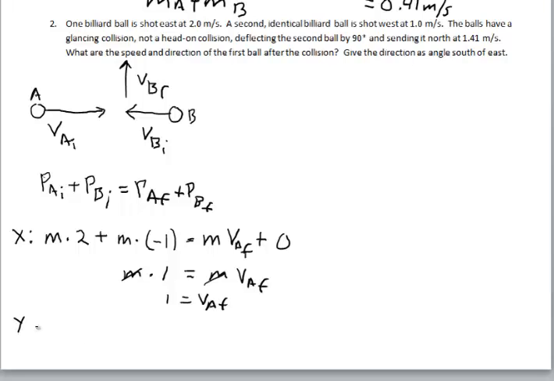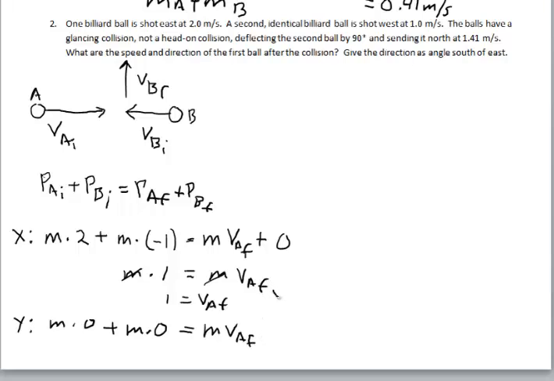Do the same in the y direction. They're both going horizontally, so they have no component in the y direction. So we can just go m times 0 plus m times 0. We again don't know its direction, so we'll just call it the mass of it times V_F.